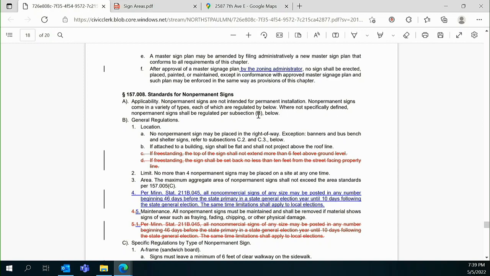I think you're correct with how it's written. So if we wanted to, the exception would be banners that are hung over the street. That's what I'm wondering if this is saying. Well, that's what the intent is, I believe. I'm not entirely sure what you're attaching a banner to that's going over the street. Lamp poles.